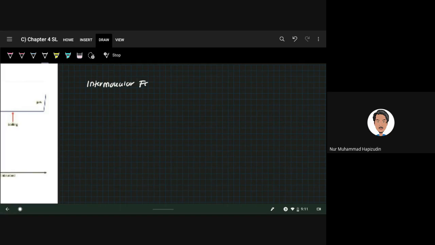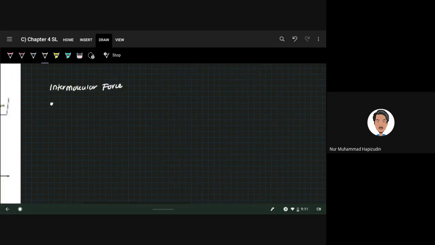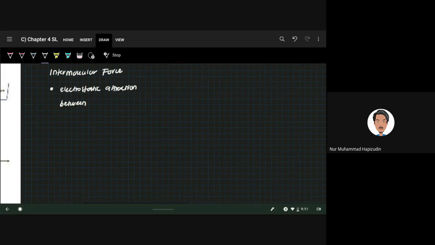Intermolecular force, what is it? First, make sure you know the meaning of intermolecular force: it is the electrostatic attraction between gaseous molecules, between two atoms.